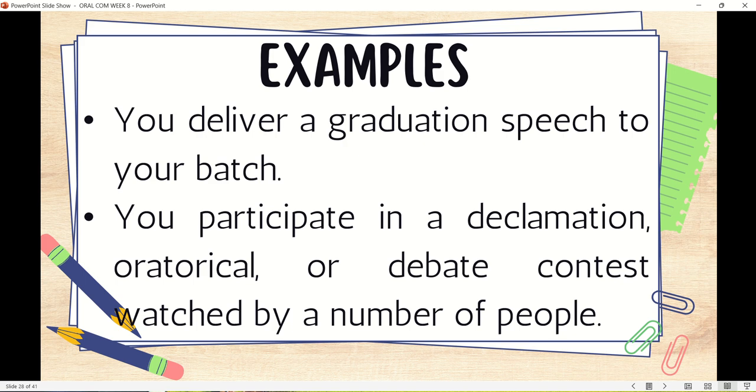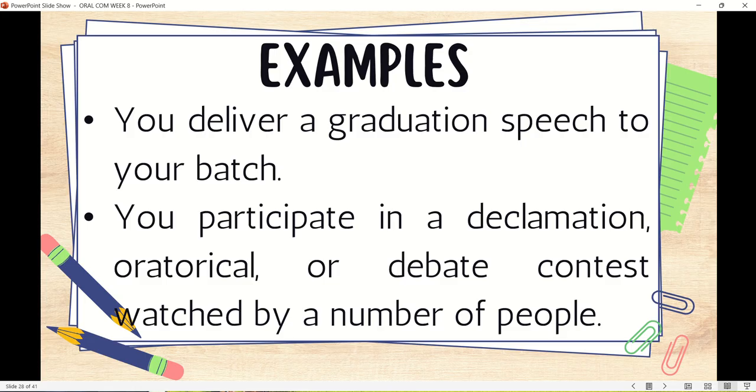Second one, you participate in a declamation or rhetorical or debate contest watched by a number of people. Again, you need to speak loudly so that everyone can hear your declamation or your claim in a debate.